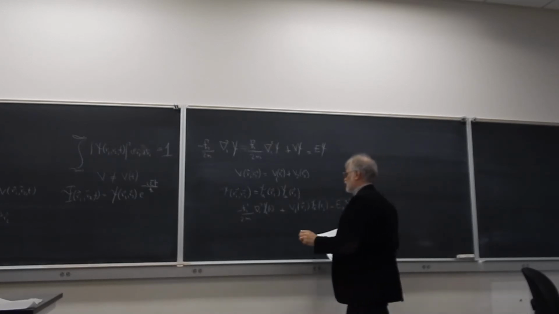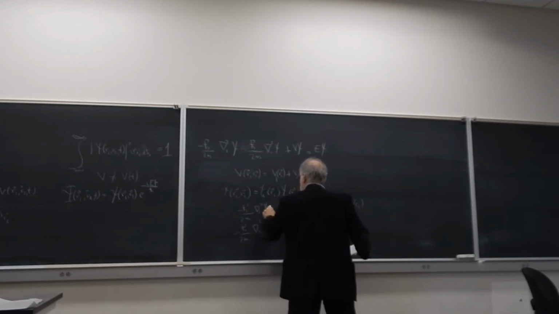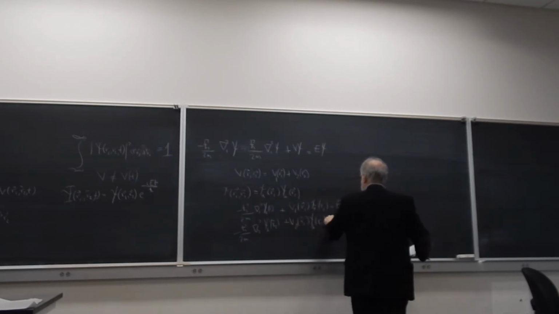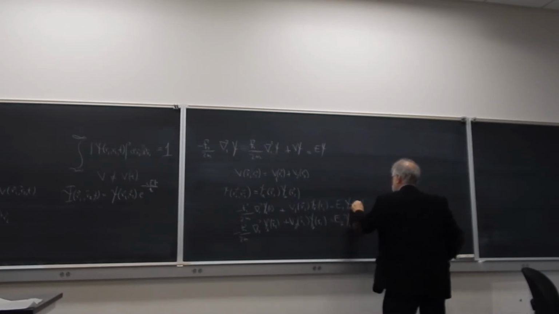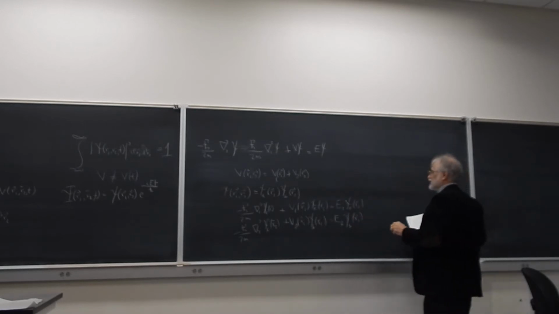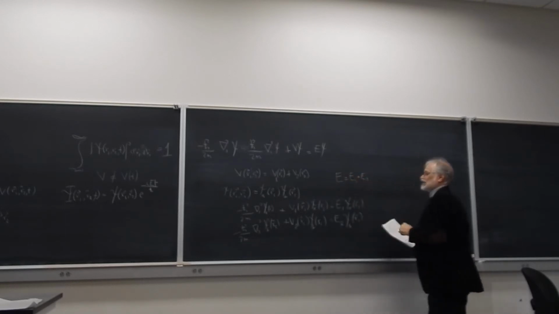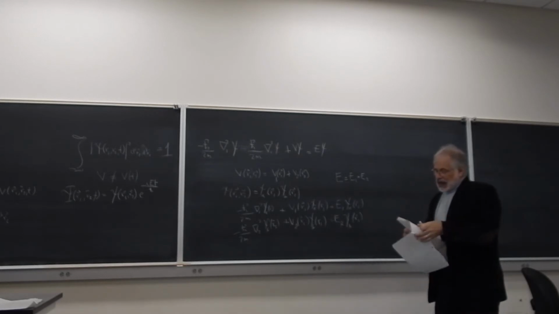And same thing for particle 2: minus h bar squared over 2m del 2 squared psi B of r2 plus V2 of r2 psi B of r2 is equal to E2 psi B of r2. And the total energy E would just be the sum of the two energies. So this is the very simplest case where I have two particles like that.